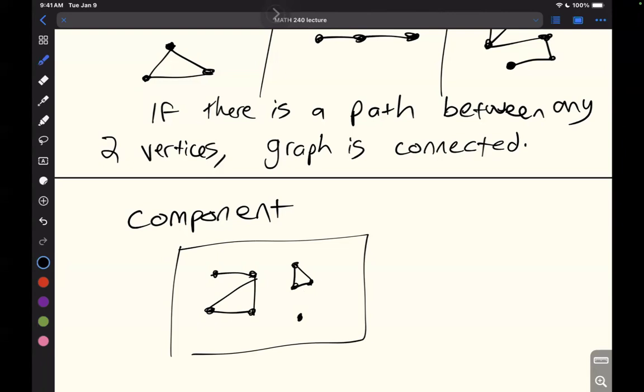Three. Right. That's one component, that's another. Sometimes we call these connected components, which just says that each of the components is itself connected.